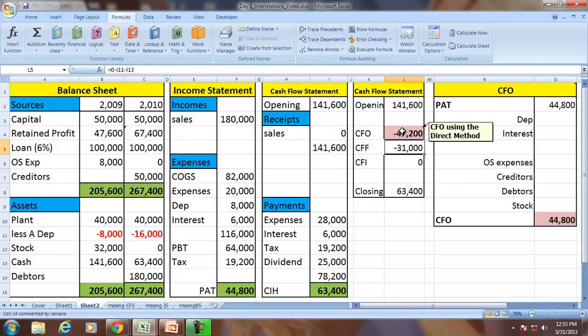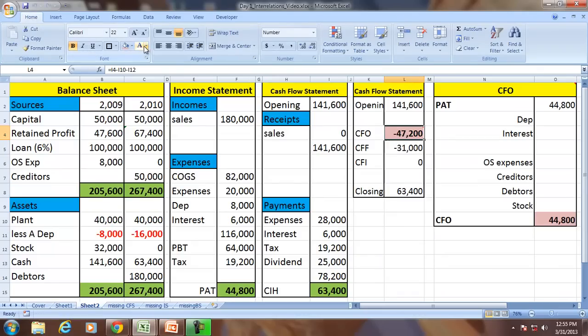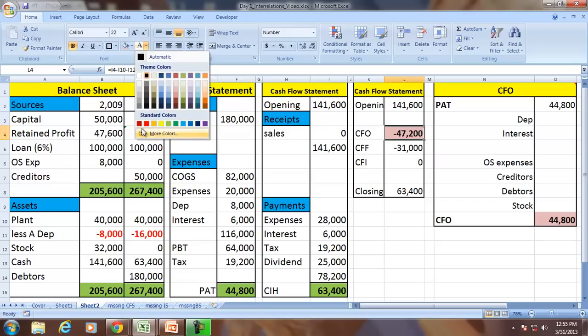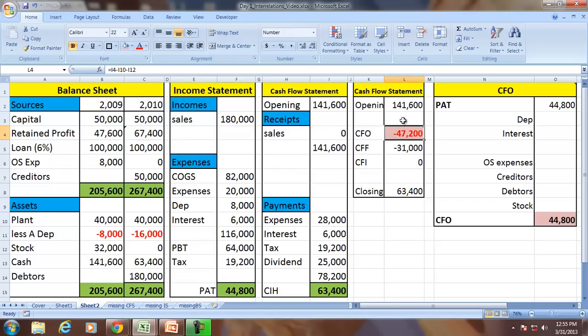Now let us try to see why the company is having a negative CFO when the PAT is positive. So PAT is positive here. Why is CFO negative? The CFO is not same as PAT because of non-operating items like interest, non-cash items like depreciation, and the credit items like outstanding expenses, creditors, debtors, purchase of stock.